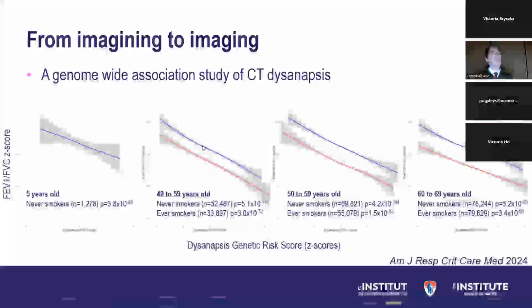And so when we compute this dysanapsis genetic risk, we see quite strong associations with your FEV1/FVC, not just in older adulthood, but also as young as 5 years old. These samples are from the UK Biobank. This is from the CHILD study, which is a Canadian multi-site birth cohort. So this suggests that this trait is established quite early, for better or for worse.